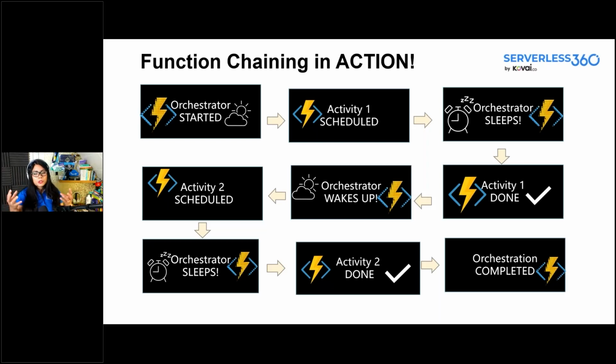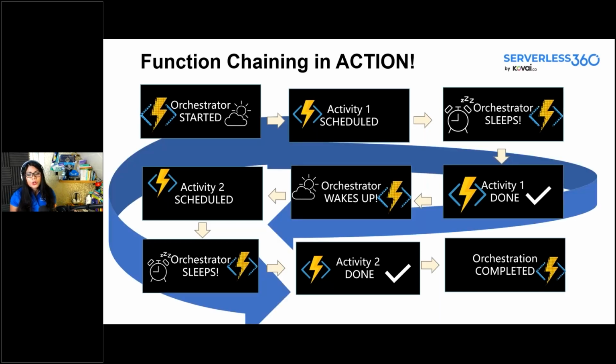But this is just two activities, and it can be complex and wide, with lots of activities running after it gets triggered. But my point in creating this illustration is to show you that with durable functions, when the orchestrator is sleeping, you are not actually being charged for the instances that are not running.